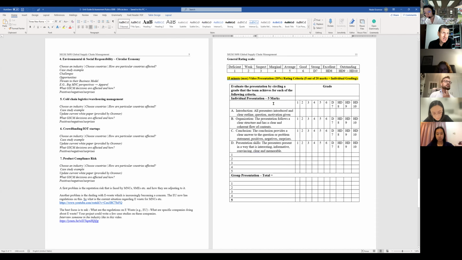Introduction. The other thing I want to make very, very clear is there are 5 marks I'm going to give individual grading out of that 20.